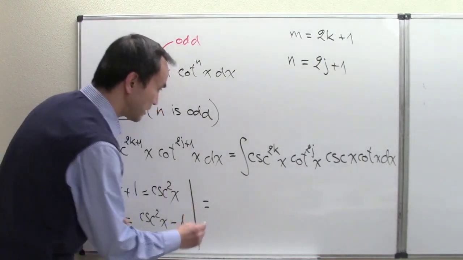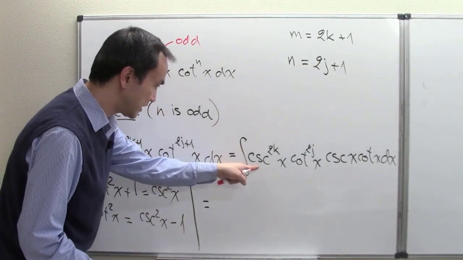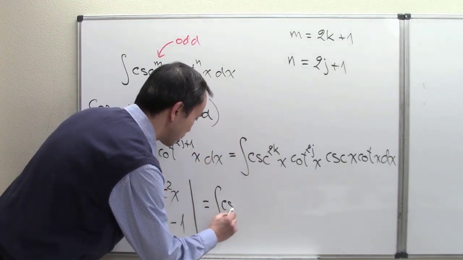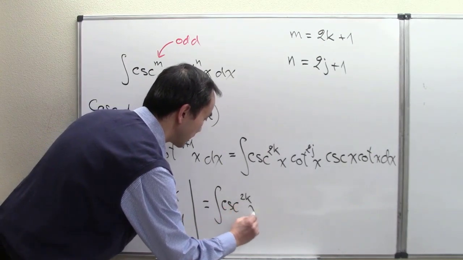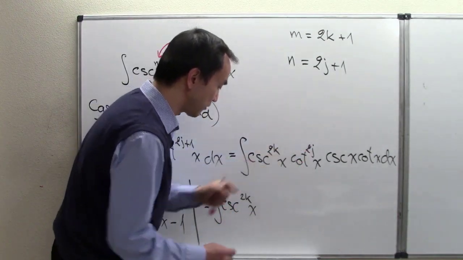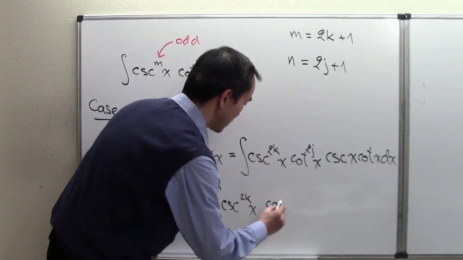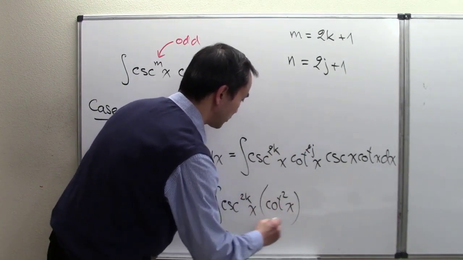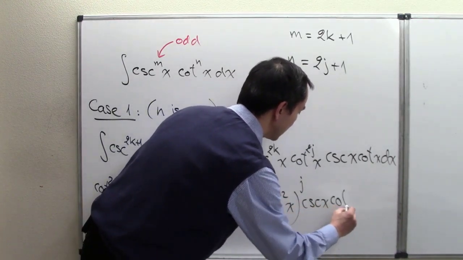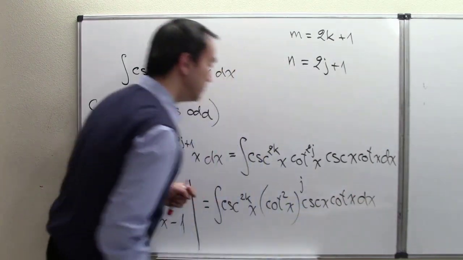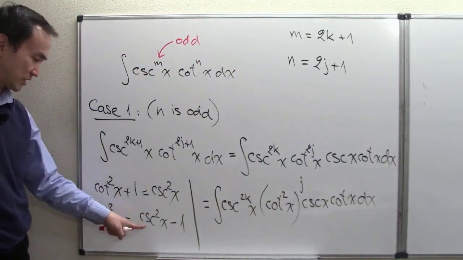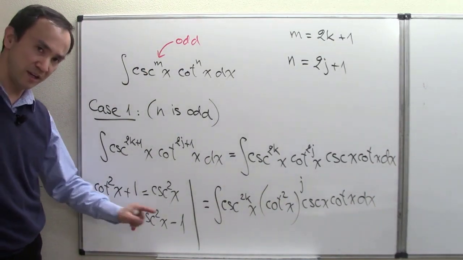In the next step, I am going to write this cosecant to the power 2k to remain the same. But the cotangent to the power 2j right here, I can rewrite as cotangent squared of x to the power j, times the separate cosecant of x and cotangent of x and the dx. Now this cotangent squared, I will substitute by cosecant squared minus 1.